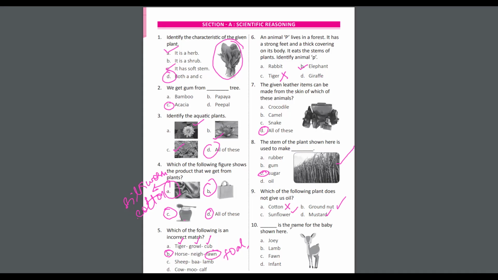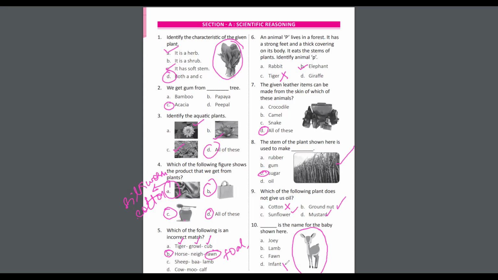Dash is the name for the baby shown here. So what type of animal is it? Is it a goat? Baby of goat? Is it a baby of horse?